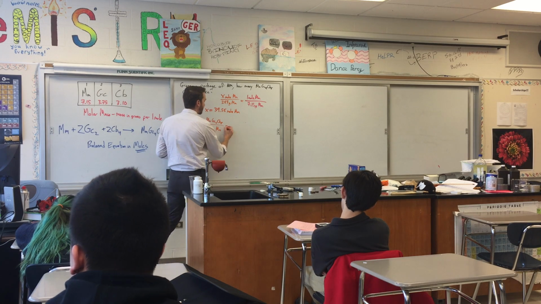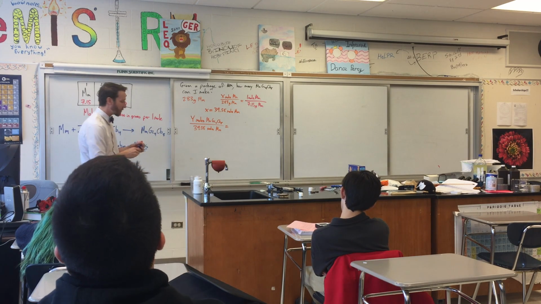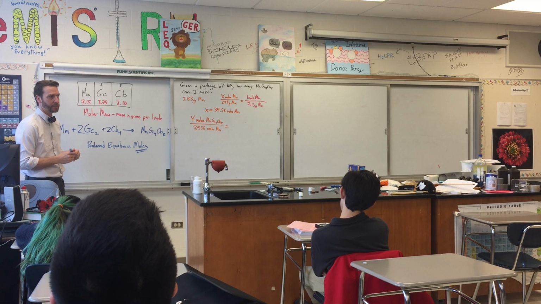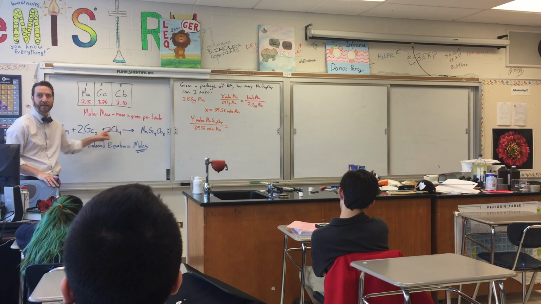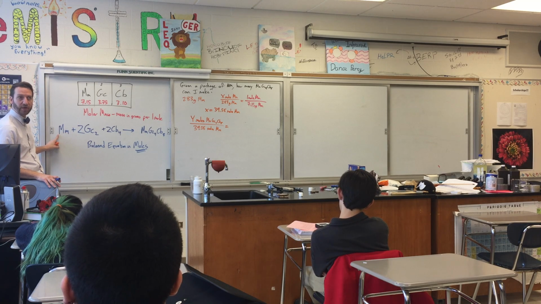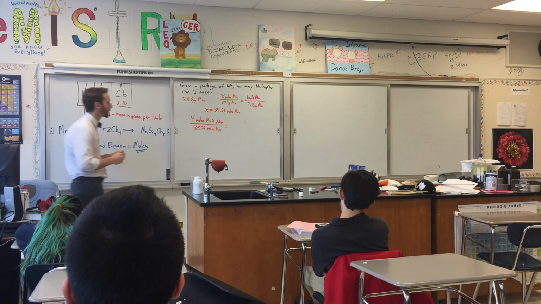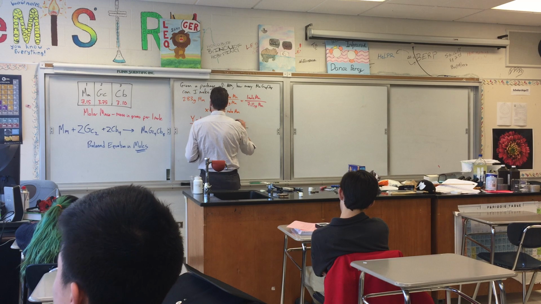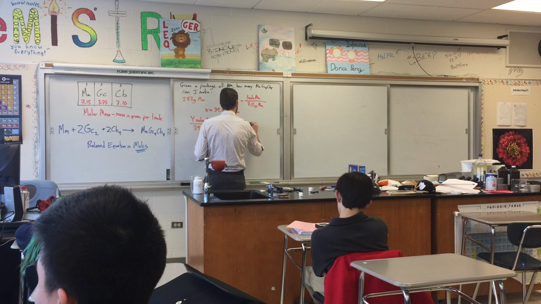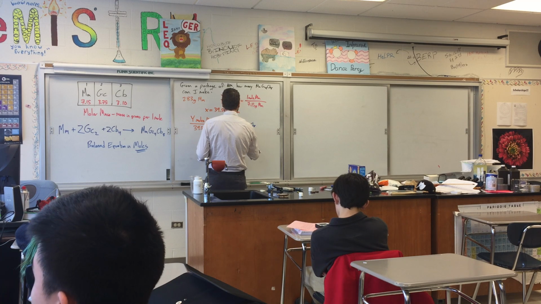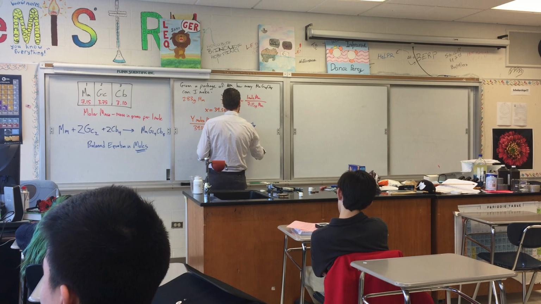That proportion is fixed by the recipe. The recipe says for every 1 mole of marshmallows we use, we get 1 mole of s'mores. So on the right side, I'm going to say 1 mole of s'mores per 1 mole of marshmallows.